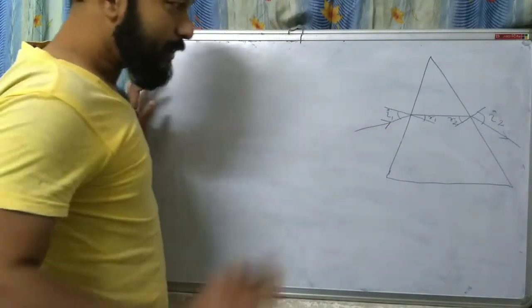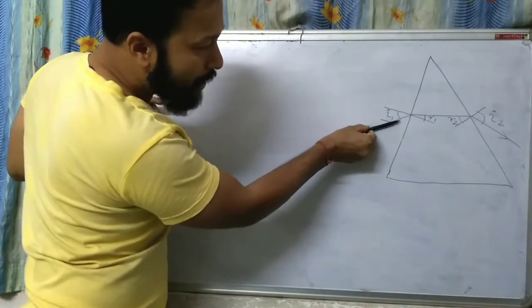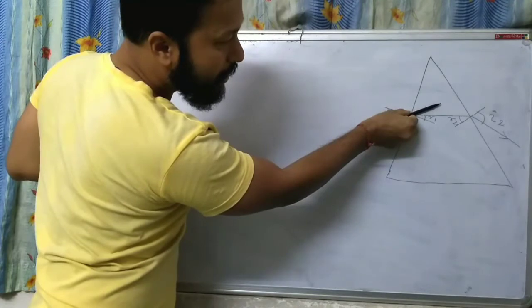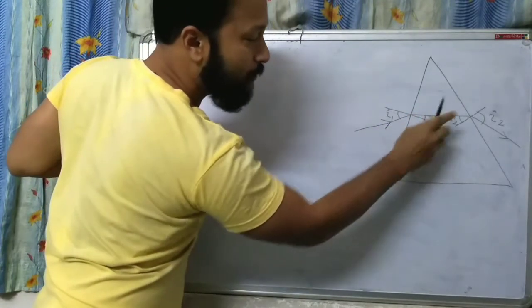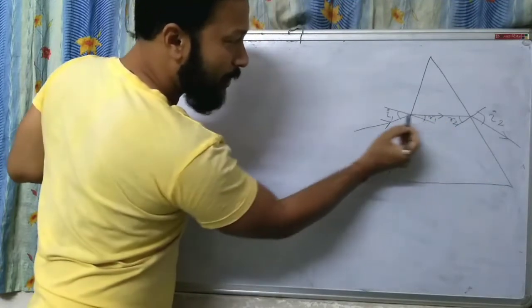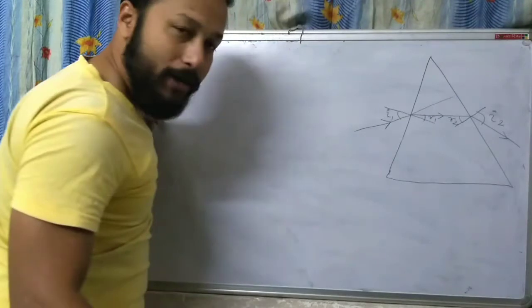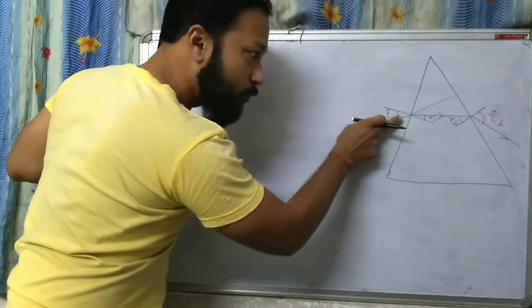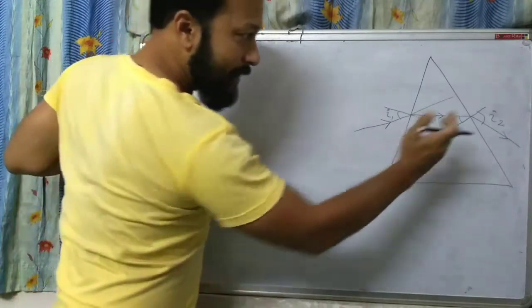Now see, the ray was going straight like this, but because of this prism, the ray is going this way now. And same here.